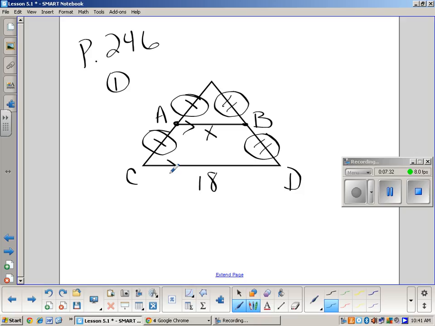But it says find the value of x. The second item that we know is that A to B is in what relationship to C to D? It's parallel, but it's also half its length. So if C to D is 18, that makes A to B what? 9. Okay?